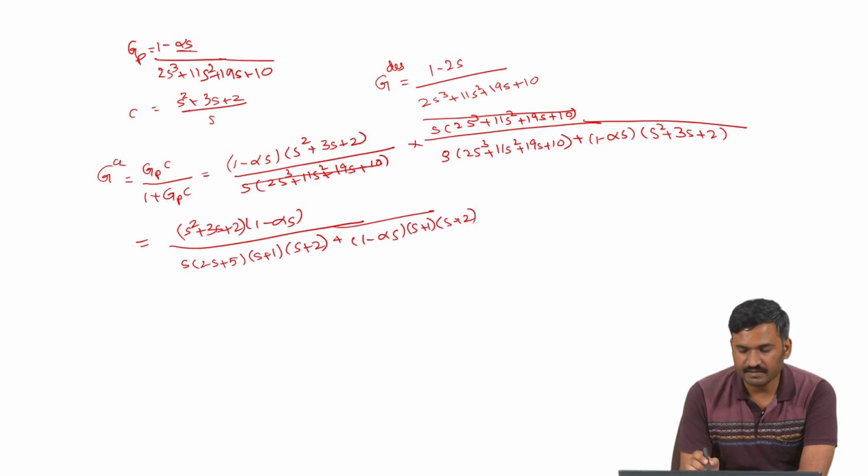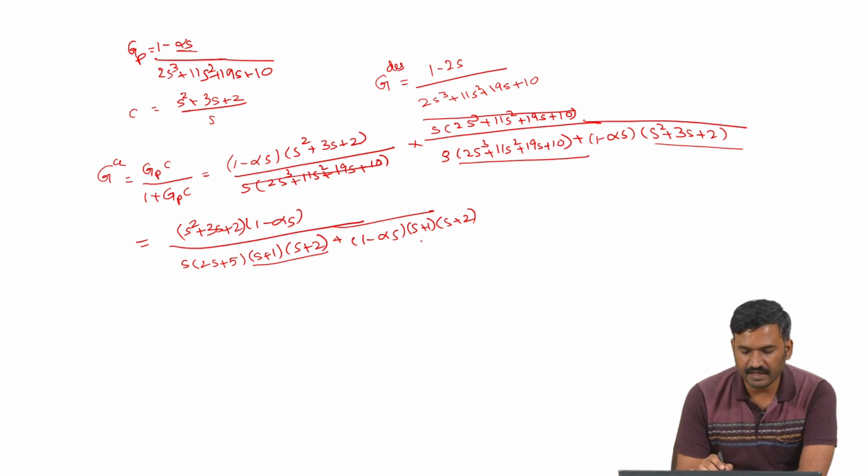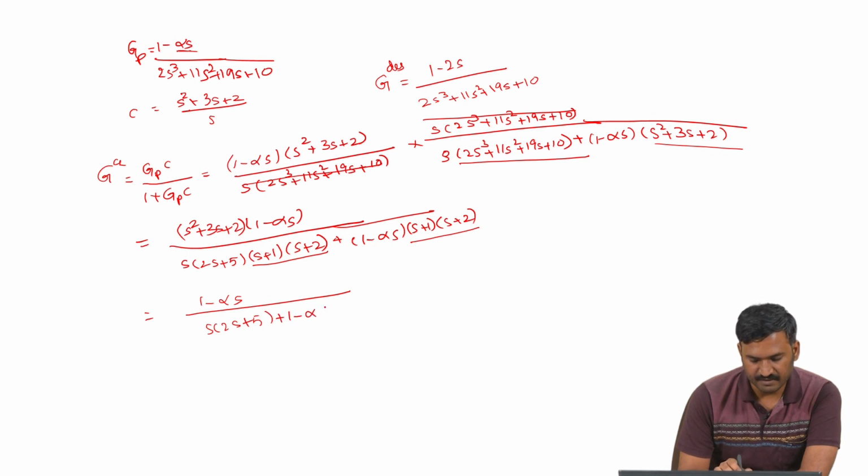Now, what I have done is to just factorize this polynomial and this polynomial. So, we can see that (s + 1)(s + 2) is common here. So, we can take that out and cancel it. So, we will have (1 - alpha s) divided by s into (2s + 5) plus (1 - alpha s). So, we have (1 - alpha s) divided by (2s^2 + 5s - alpha s + 1).